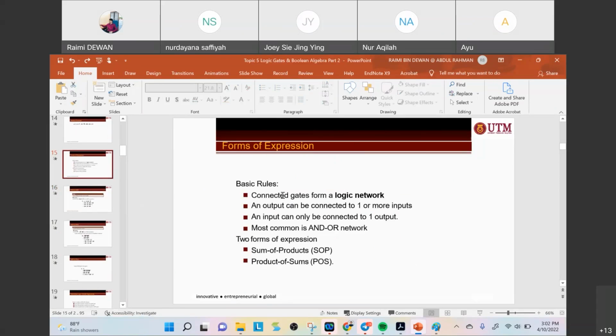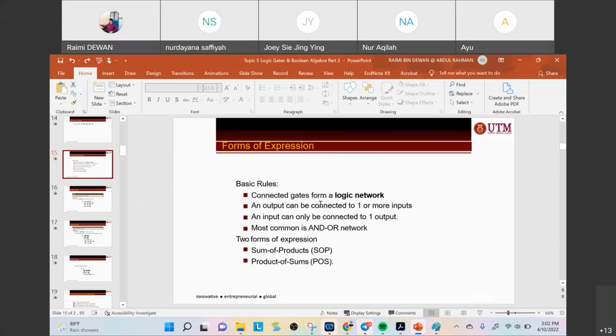Basic rule: connected gates form a logic network. An output can be connected to one or more inputs. An input can only be connected to one output. Most common is an AND OR network. So this one is the basic rule. Connected gates form a logic network, so a network of logic gates means not only one gate, but a network of logic gates.